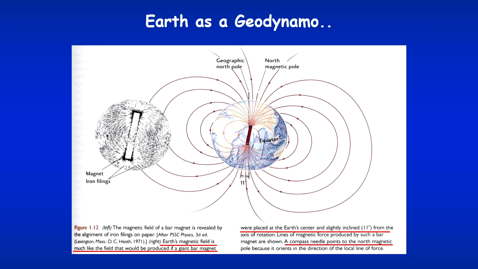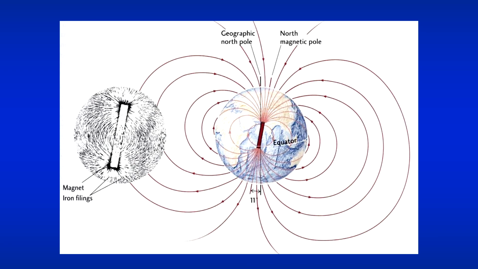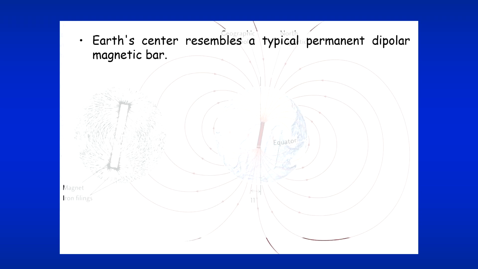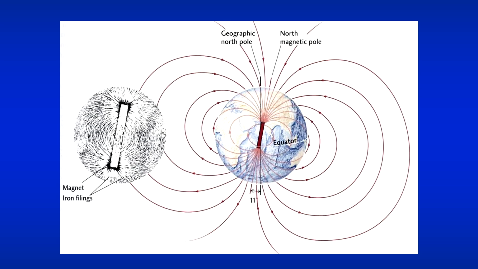Now, mostly what we came across is how the inner core and the outer core interact, because this is a discussion between the inner core and the outer core. Outer core is liquid, the inner core is not, it is solid. So, Earth's center resembles a typical permanent dipolar magnetic bar, as you see here. So, it will be very much similar to the dipolar magnetic bar.